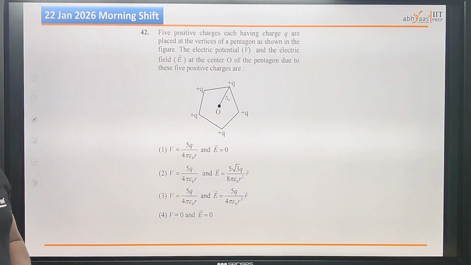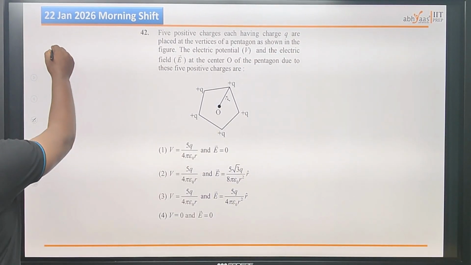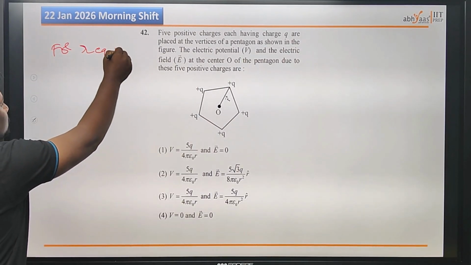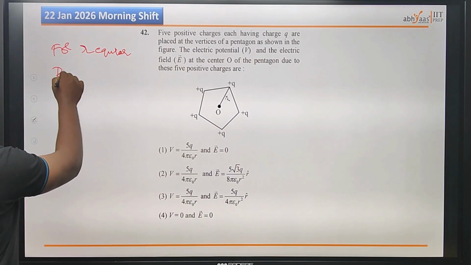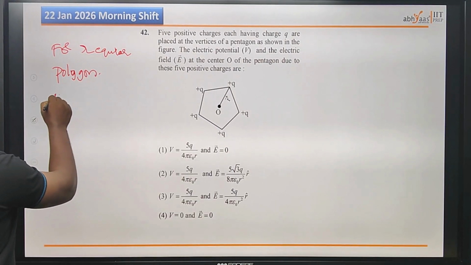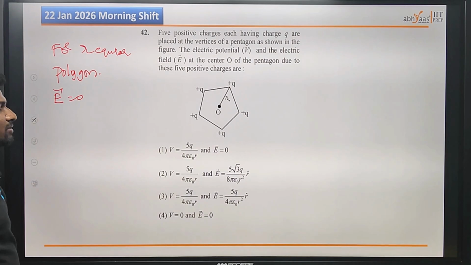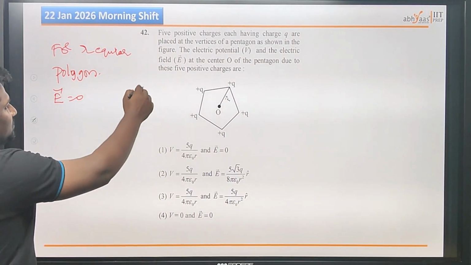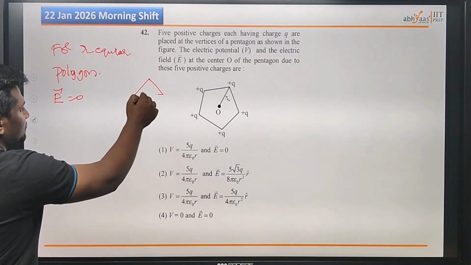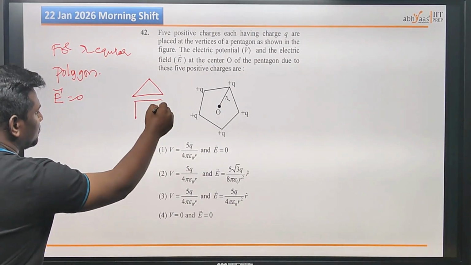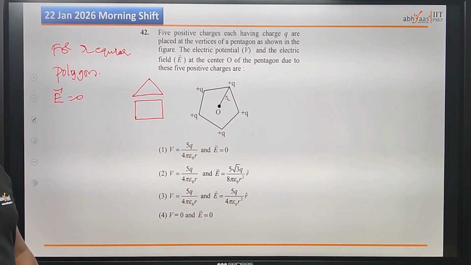For a regular polygon, the electric field is 0. If you take a triangle or a square, the electric field is 0 at the center.